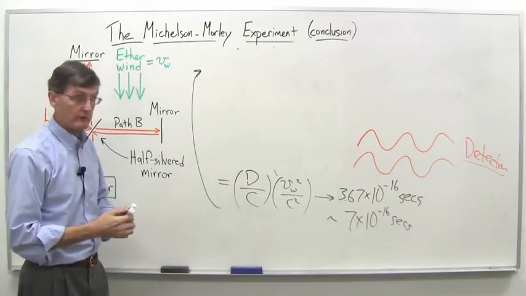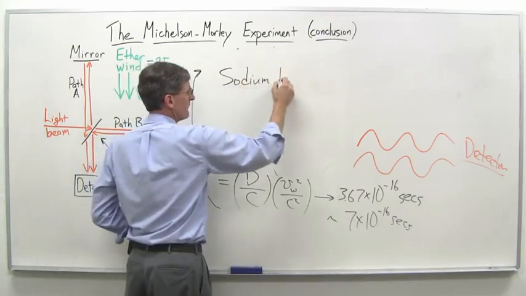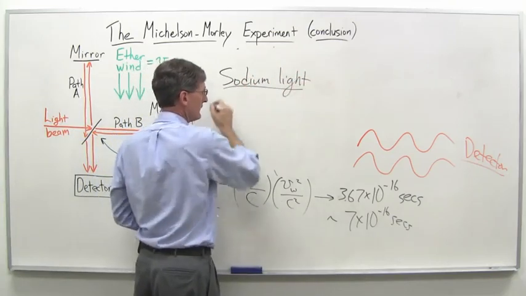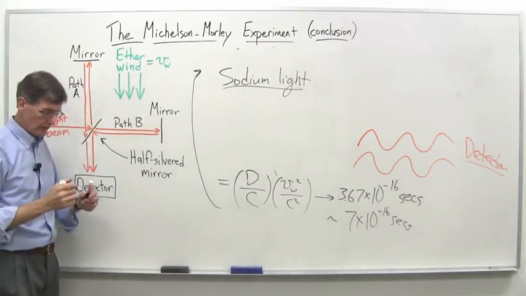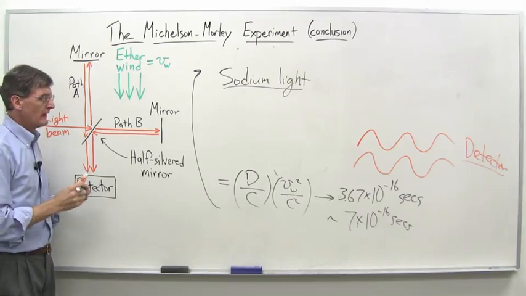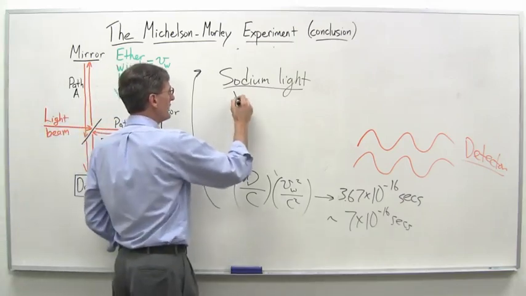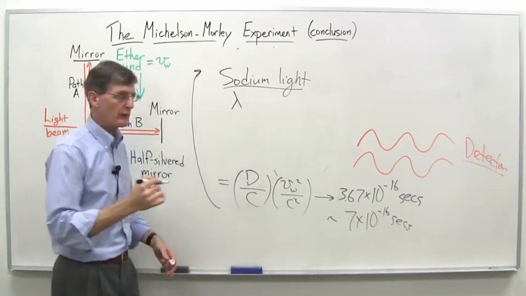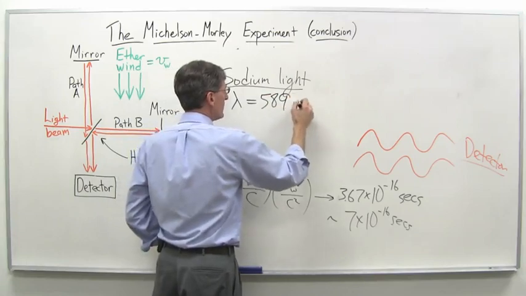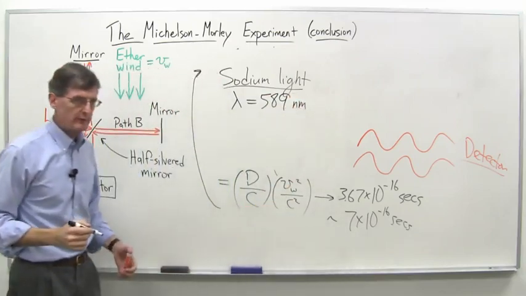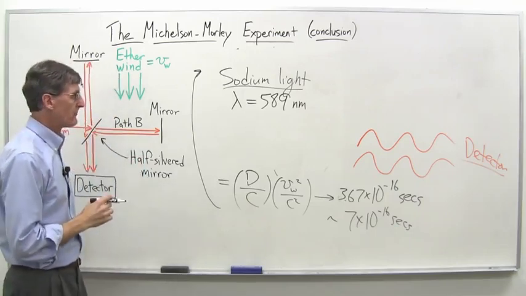So they use, as I mentioned, sodium light, which is a very nice, bright source of light that they could get into a beam and send into their apparatus like that. And just to give you some numbers here, you don't have to memorize these or anything. But sodium light, remember we used the symbol lambda for wavelength? Sodium light has a wavelength of 589 nanometers, billionths of a meter. So again, very short distance there.